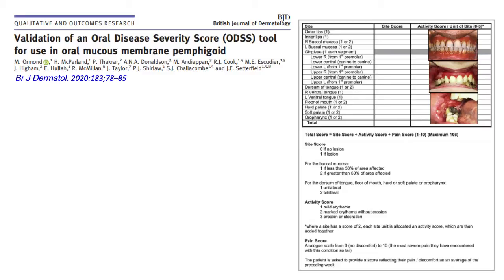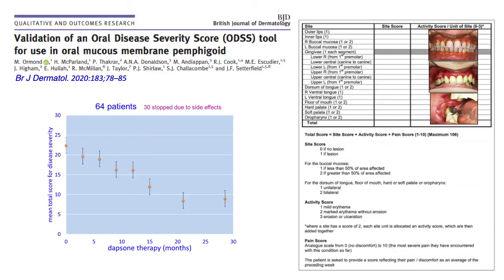Here it's shown for MMP, and there's a site score, 17 sites, an activity score for each of those 17 sites, and a pain score that the patient gives you out of 10. And you add those three scores together to give you a total score. It takes 2 minutes to do this, and by so doing, you are able to assess patients' improvement over time.